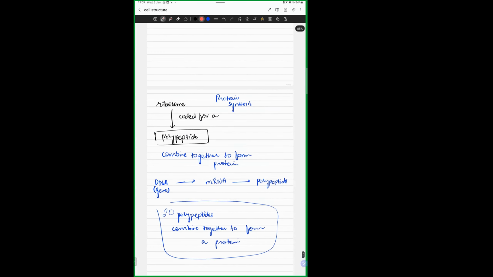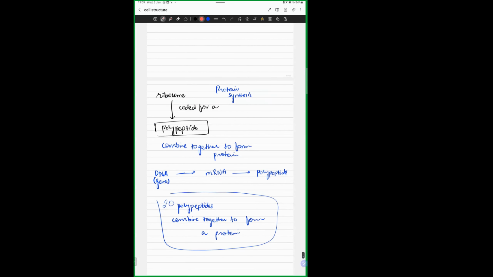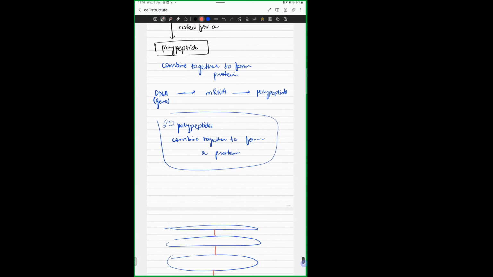So this entire process, when a lot of polypeptide chains which are formed as a result of translation combine together to form a protein, is known as protein folding. A lot of polypeptide chains combined together fold onto one another in a set orientation to form a protein.